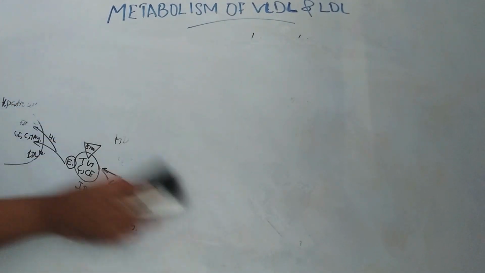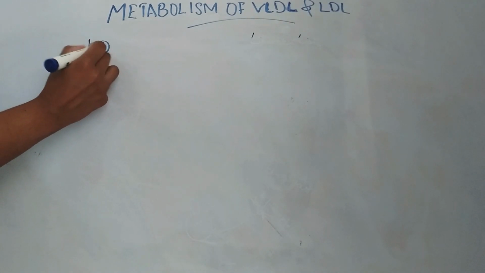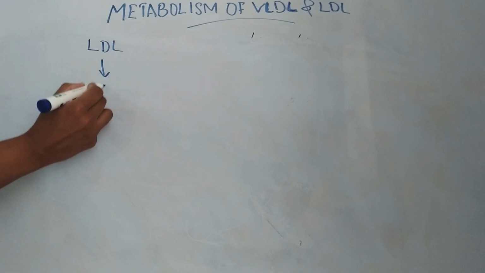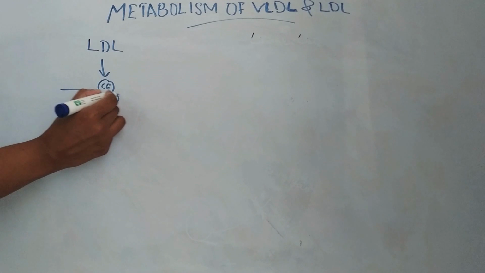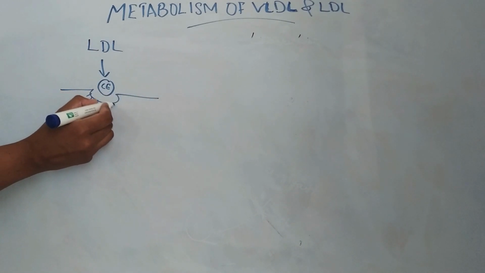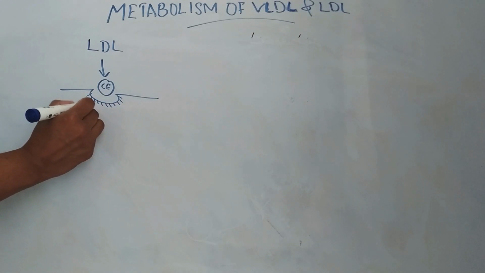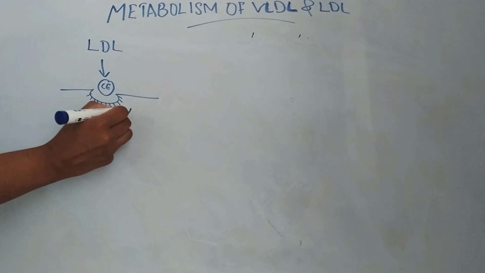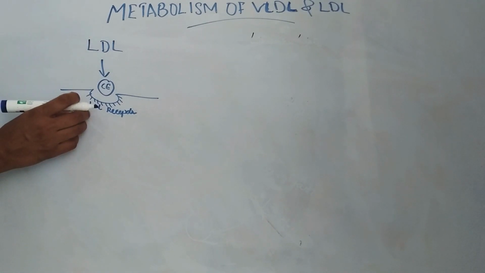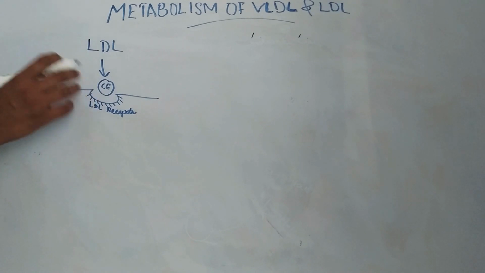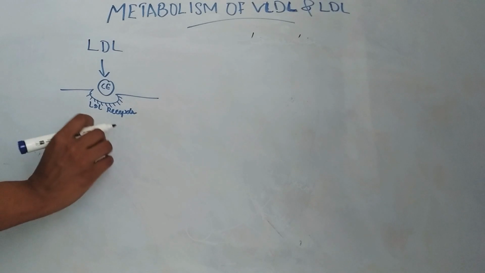So let's see the mechanism. Here we have LDL, that is cholesterol esters, the Clathrin coated pits, and the LDL receptor. When the ApoB100 part binds to the receptor, there will be formation of a complex, the LDL receptor LDL complex, that is internalized by endocytosis.